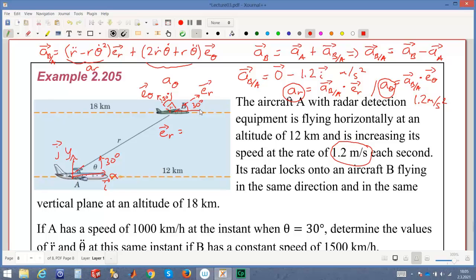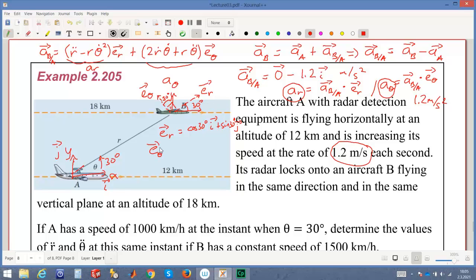and this will have a component in X, this will have a component in Y. The component along the X direction is cosine 30 degrees. Since it's along the X direction, it's I, and then in the Y direction is a positive Y, and that will be plus sine 30 degrees J. That's my ER vector.